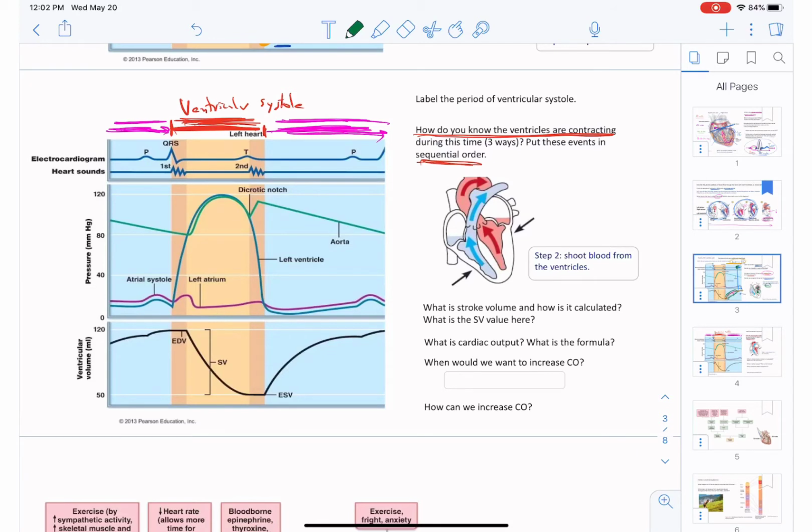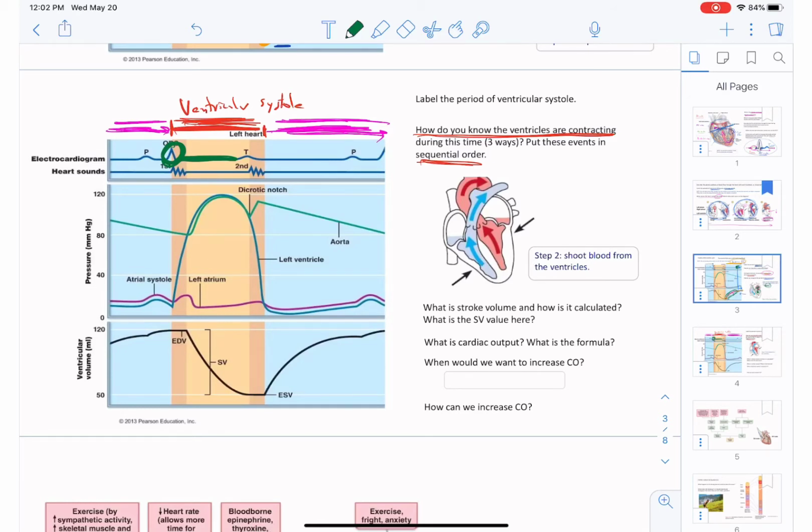What causes contraction of the ventricles? Well, electricity causes contraction of the ventricles. So the first way you know this is a period of ventricular systole is because we have this QRS complex. The ventricles become depolarized, and then immediately after that, the ventricles contract. You get ventricular systole.